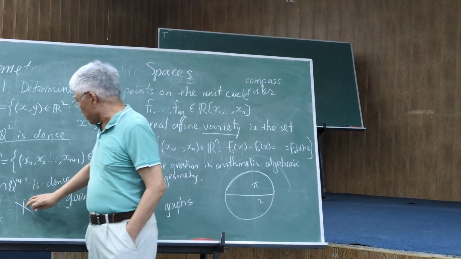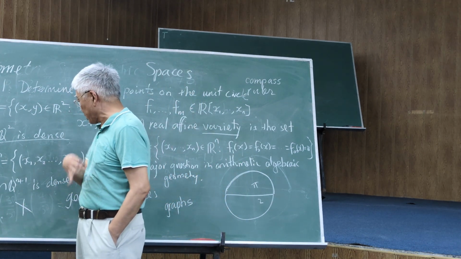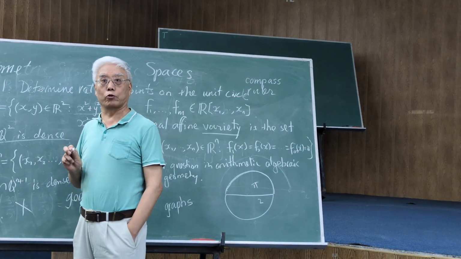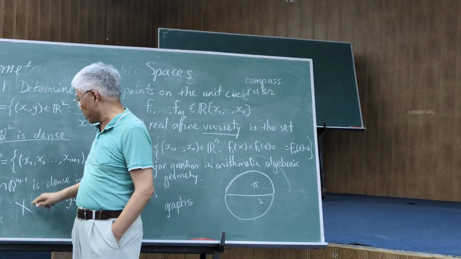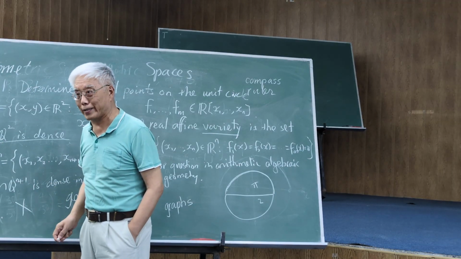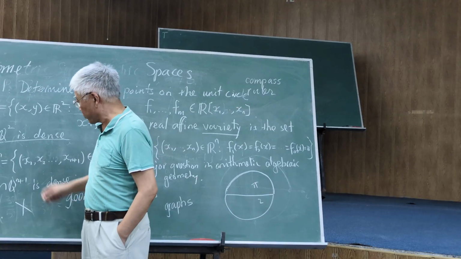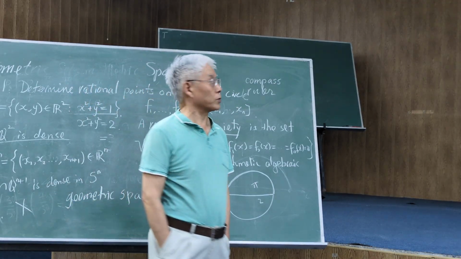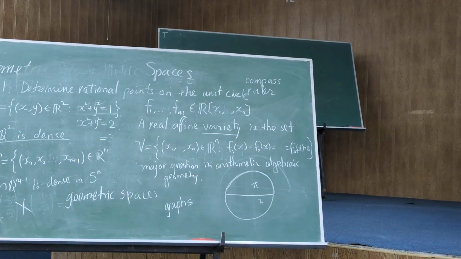It means that if you are given any other cover, you can still find a finite subcover from it. So this might be a cover of very high infinite cardinality, from which, if the space is compact, you can choose a finite cover. That is our definition, and let us continue.